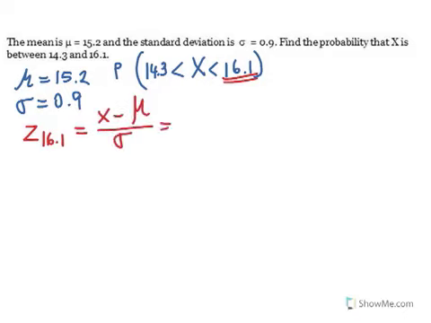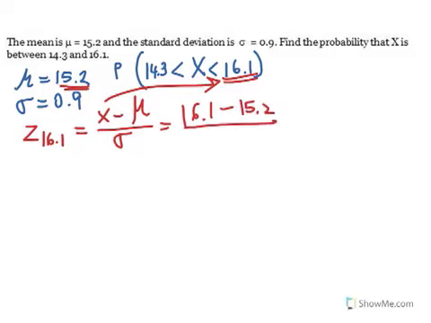X is 16.1 minus mu is 15.2 over standard deviation 0.9, right? So the z of 16.1 will be plus 1.00, because 16.1 minus 15.2 is 0.9, divided by 0.9 is plus 1.